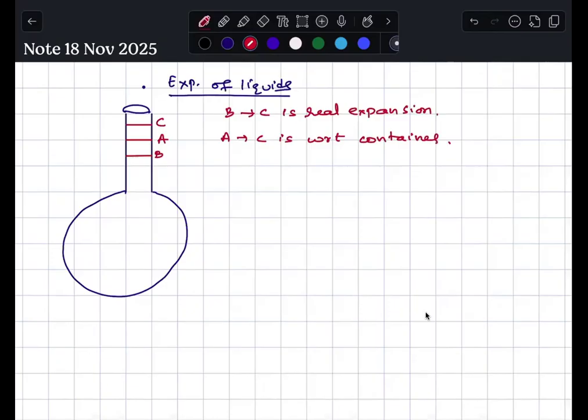Whereas A to B refers to expansion of a container. In one shot, you have a vision of three things. Have you noticed this? Everyone in the class. In one shot, you have a vision of this. Right.